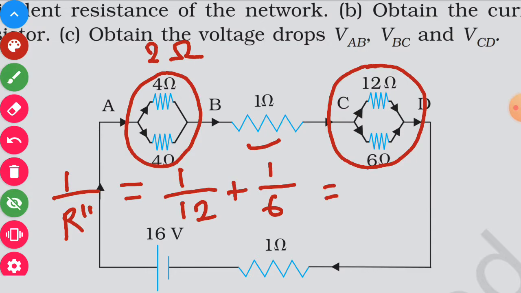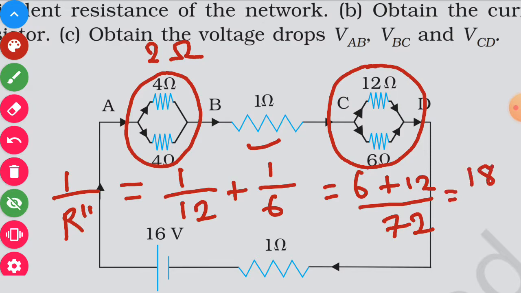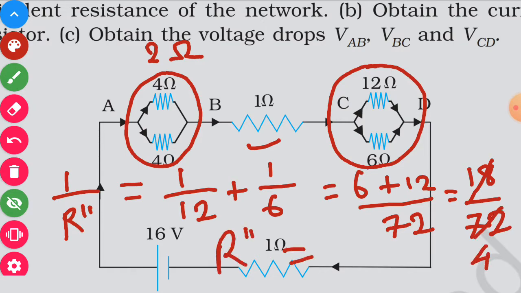So this can be written as 6 plus 12 upon 72, cross multiplication I have taken now. What will happen? 18 upon 72. So this becomes 1 upon 4, and therefore R double prime will become 4 ohm. So this value is 4 ohm.